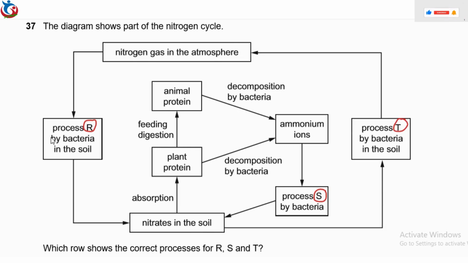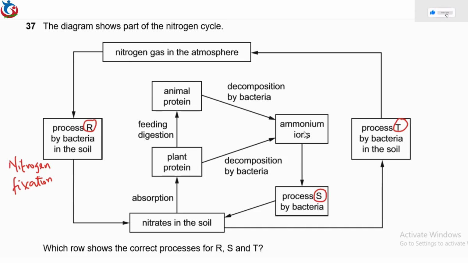Okay, the processes now. Conversion of nitrogen gas in the atmosphere to nitrates in the soil. This is automatically nitrogen fixation. Nitrogen gas from the atmosphere to nitrates in the soil is nitrogen fixation.